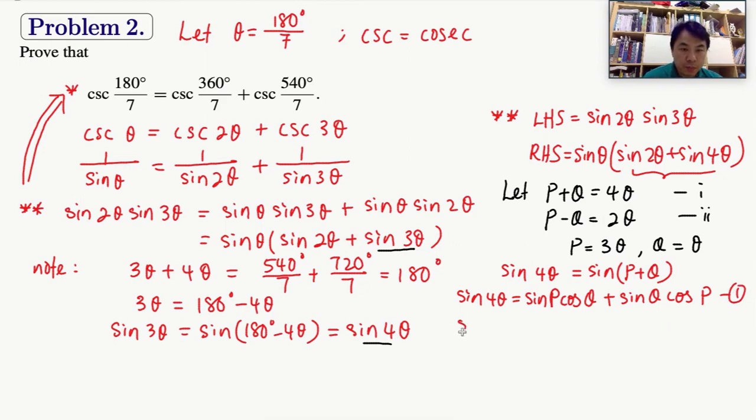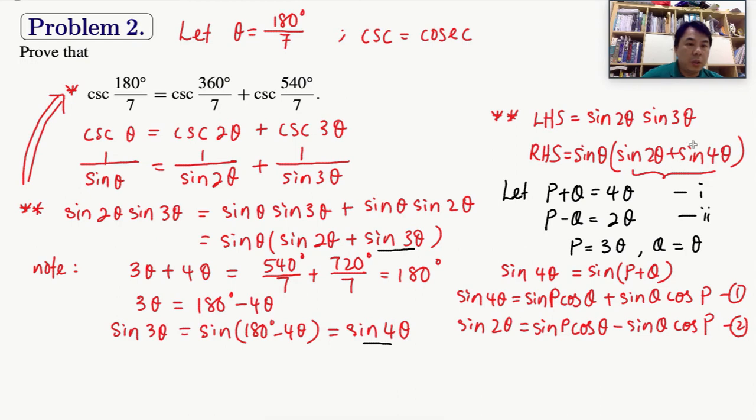And then the second one, sine 2 theta. I can make use of this. So expanding that, I will be able to get sine P cos Q minus sine Q cos P. That will be my second equation.